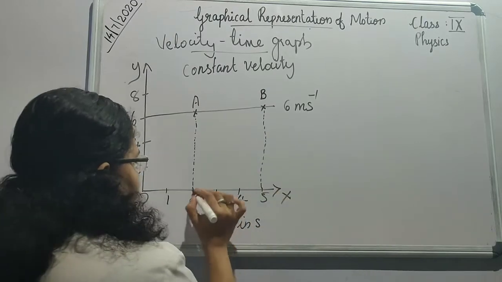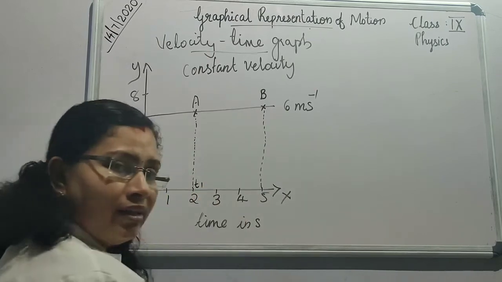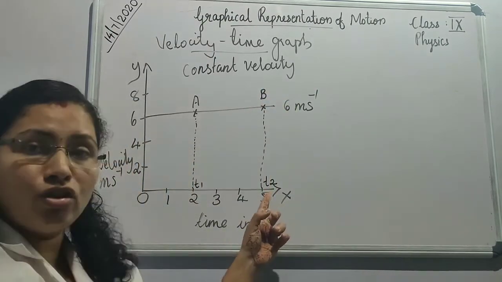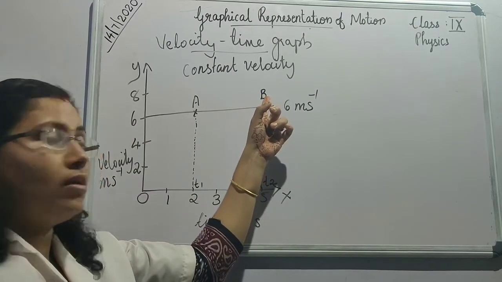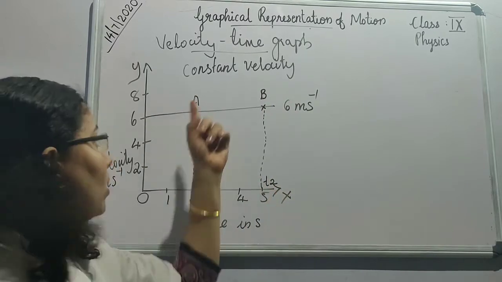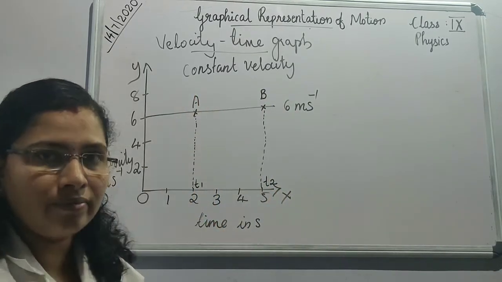So this is time. The object is at time t1 here and at time t2 here. The position of the object is B at t2 and A at t1.